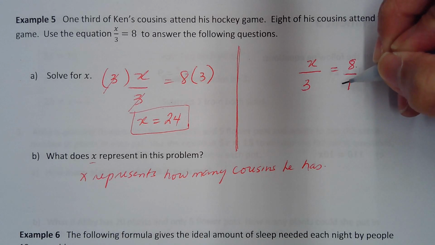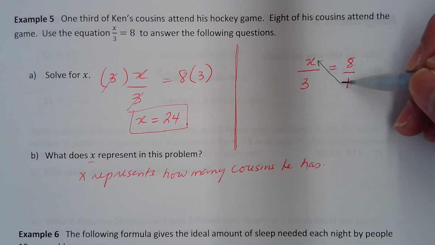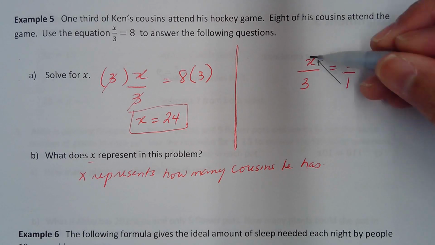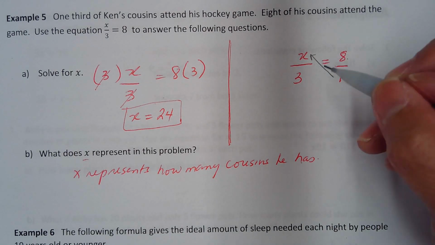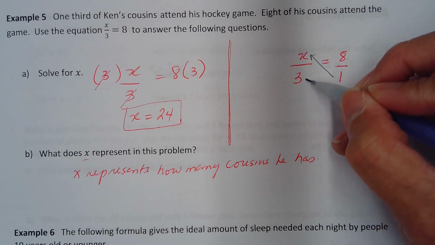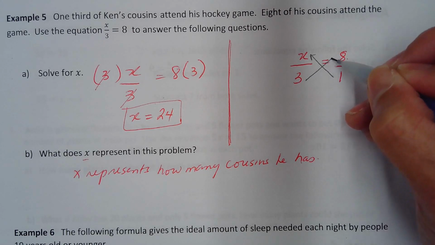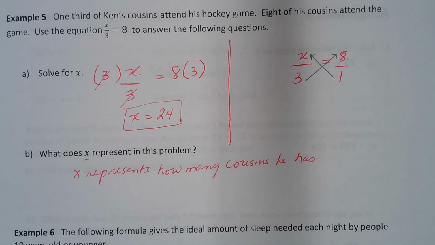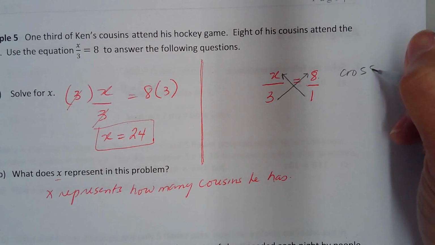So you're going to take the denominator of one side and multiply with the numerator on the other side. That's why it's called cross multiply, because you're crossing and then you're multiplying those two. And then you're going to get the 3. You're crossing the denominator with the numerator on the other side. This is called cross multiply.